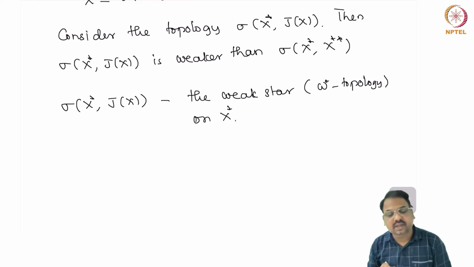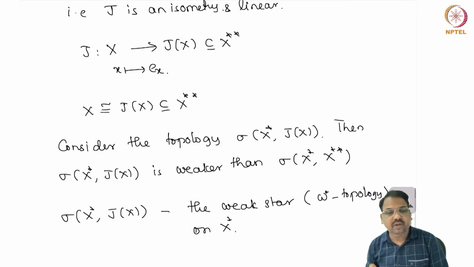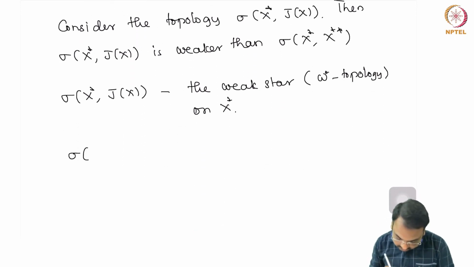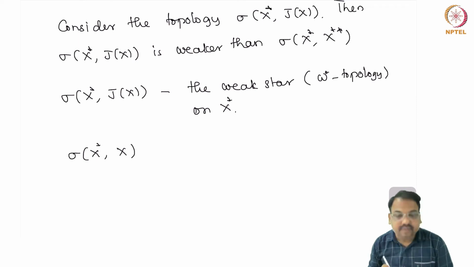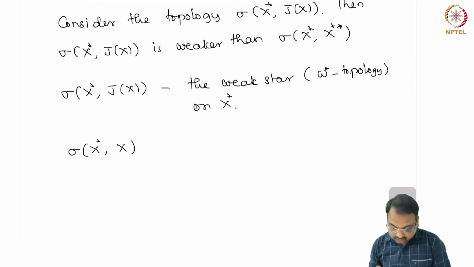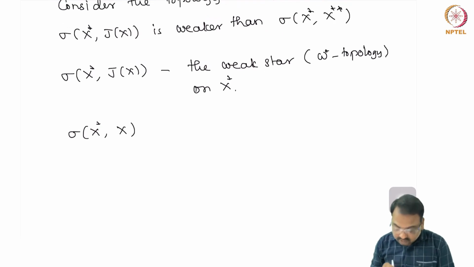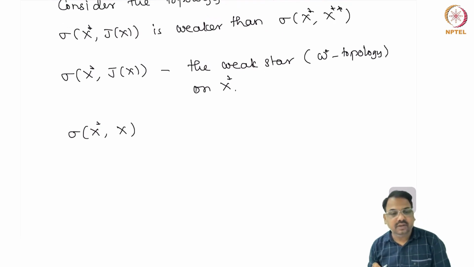Since X and J of X are the same, in the sense that there is an isometric isomorphism from X onto J(X), we can treat this as the topology generated by X on X star. So here X means J of X. Elements of X we can write as E suffix x, where x is coming from X. So this is weaker than the weak topology on X star, which we call the weak star topology.